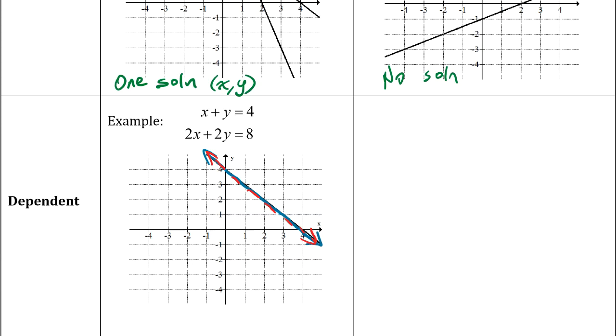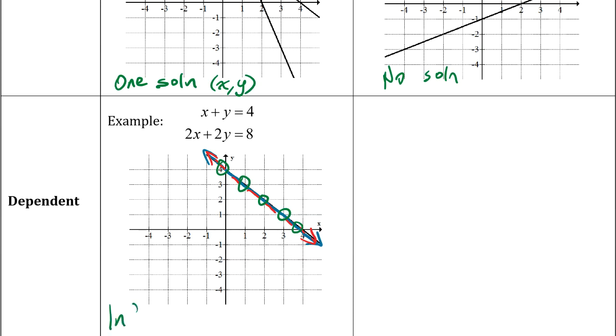Well, if they're the exact same line, they touch everywhere on that line. All right, so our answer, it's not quite all real numbers, because remember, this over here or this over here, those aren't solutions because the line isn't over there. So it's not all numbers, but it's any number on this line. Any point that you can see on there is a solution.